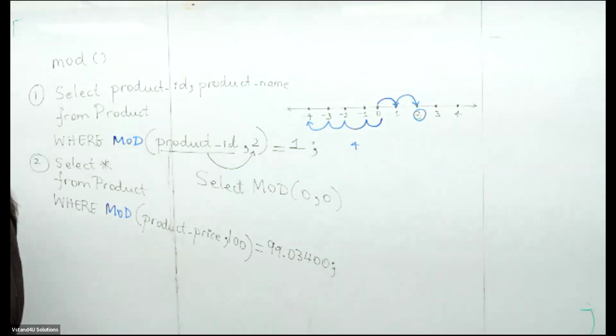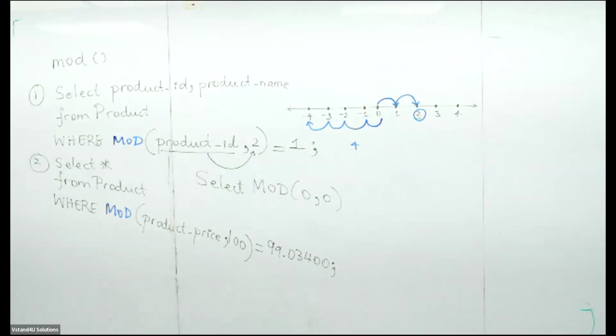Okay. Now take down the query. Write a query to display the product name and absolute value of product price. How will you write the query? First of all, they are telling you to select the product name. So you will write SELECT product name, comma.